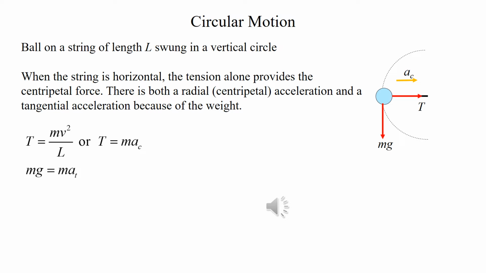In this case, the tension is mv squared over L, or T equals m a_c. And we have mg equals m a_t, where a_t is the tangential acceleration. So we will have both a centripetal acceleration and a tangential acceleration.